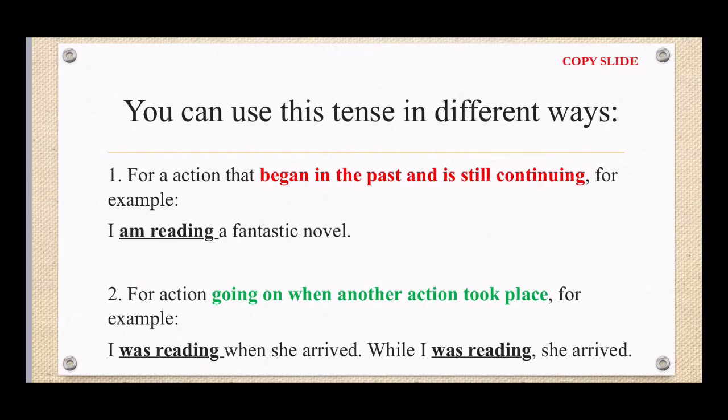The first sentence tells us what the person was doing when someone arrived, and the second sentence is telling us that while they were reading, that person arrived. So it is an action that goes on when another action took place.